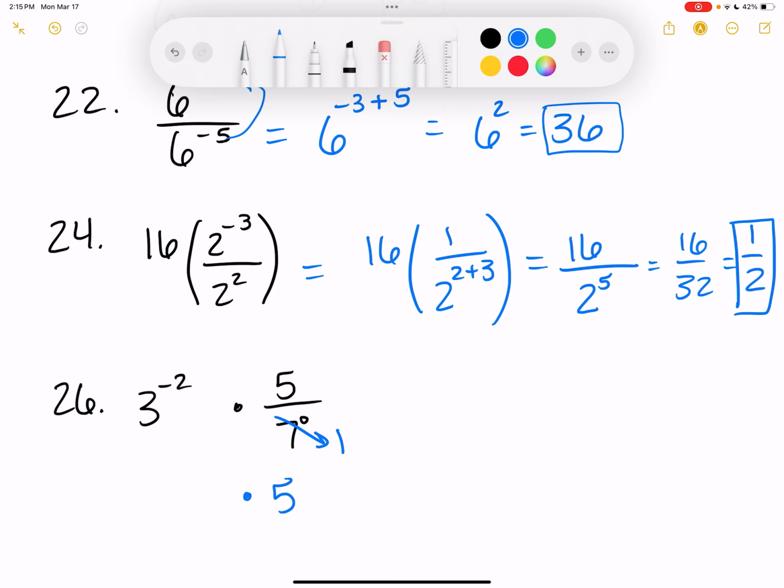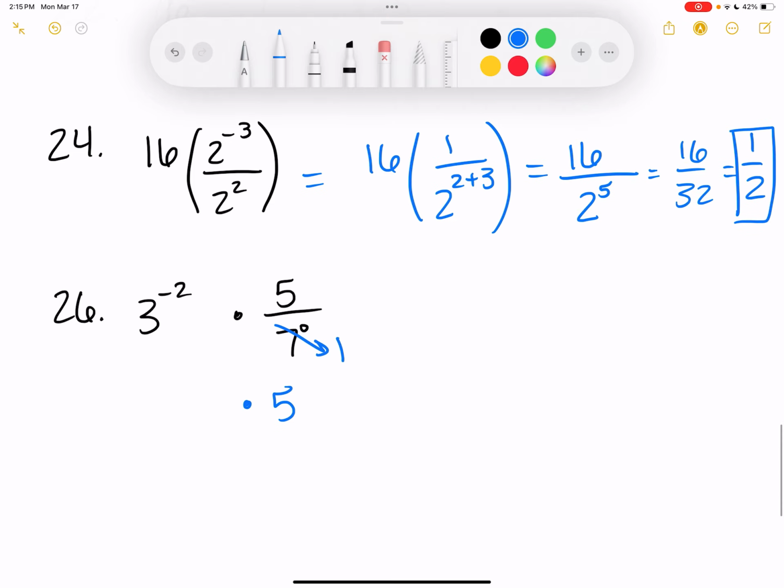What about that 3 to the negative 2? We have to put it where it ain't. So that becomes 1 over 3 squared. What's 3 squared? 9. So this is 1 over 9 times 5, so that's equal to 5 over 9.